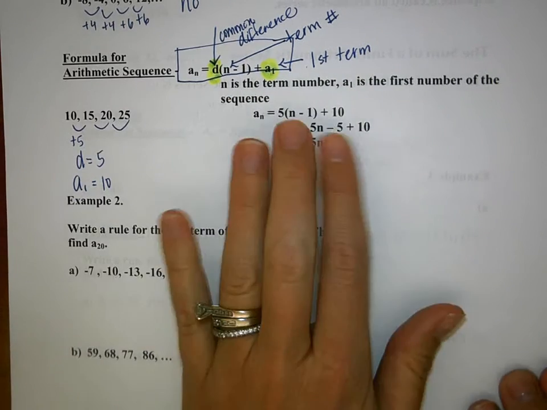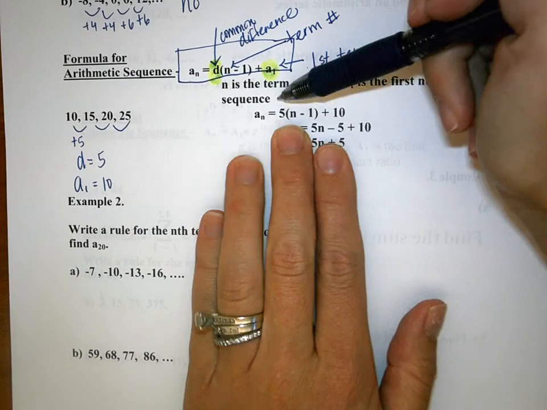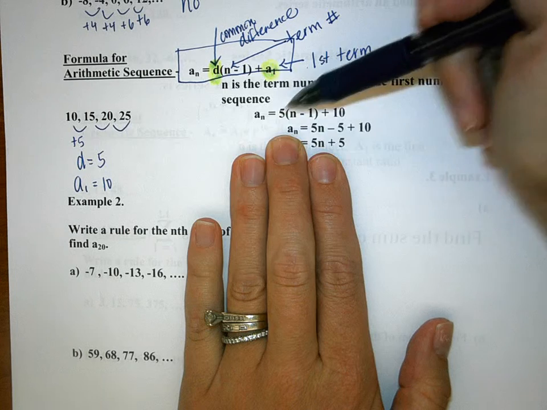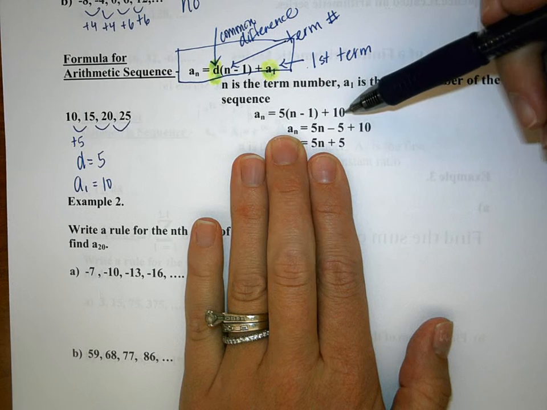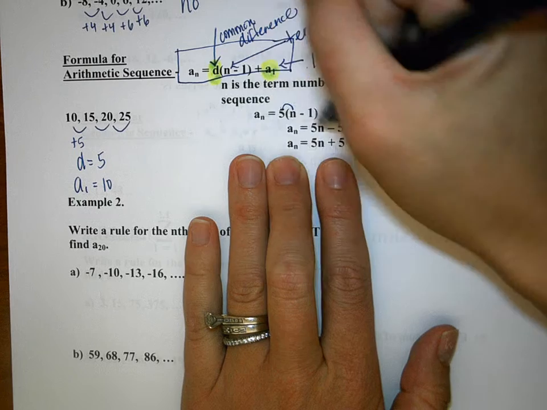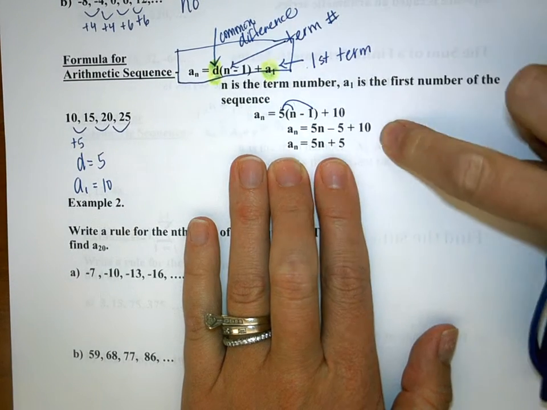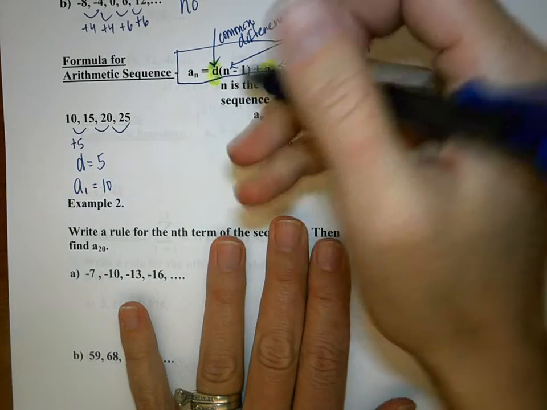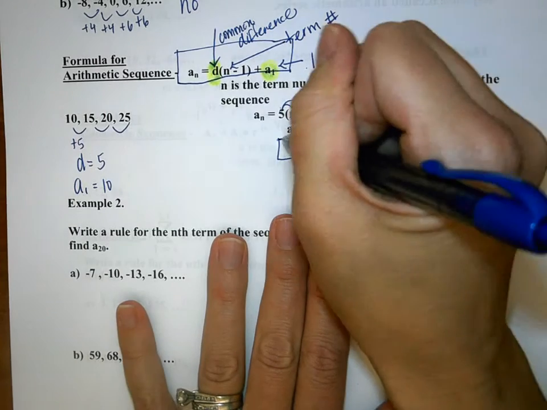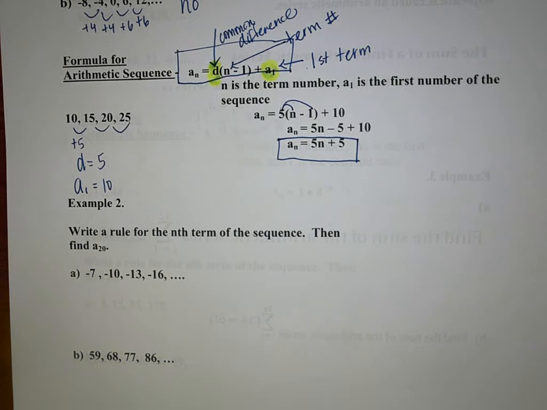So what they've done is they've taken the formula right here, and they plugged in 5 for D, and they plugged in 10 for your first term. Then they distribute through. 5 times n is 5n. 5 times negative 1 is negative 5. Plus 10 at the end, and you simplify, and you get the equation for this sequence, which is 5n plus 5.